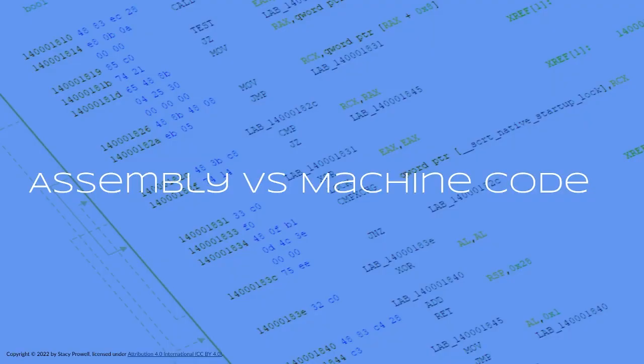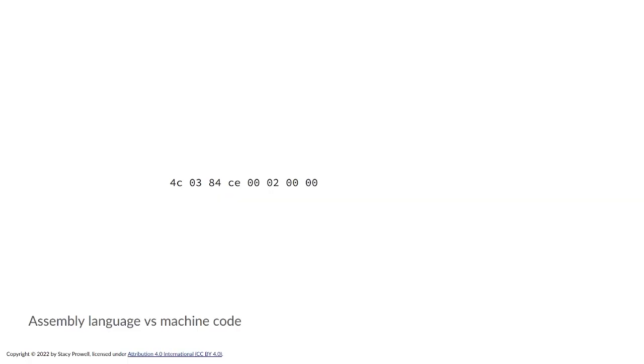Let's talk about assembly language versus machine code. So what you saw before, that string of bytes, that's machine code, okay? That is something that the processor natively understands-ish, right? It knows about bits. It knows about signals on lines. And machine code, as we saw, has a very rich interpretation, but nothing in that line communicates to me what it did.